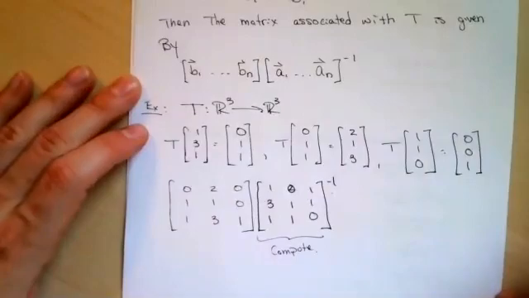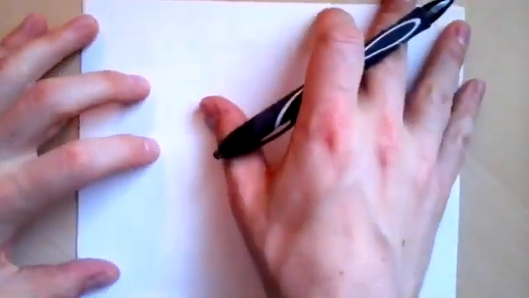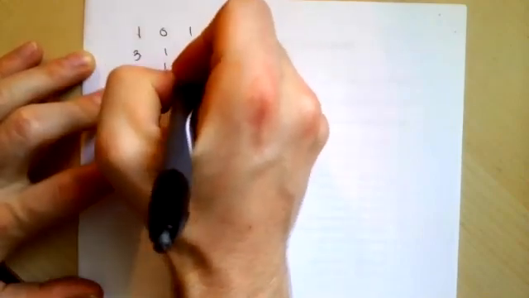So let's go ahead and compute our inverse. And let's get a new piece of paper. I don't think I have enough space for that. So we've got 1, 3, 1, 0, 1, 1, and 1, 1, 0.